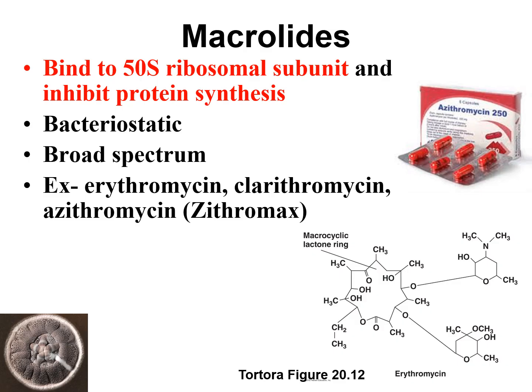One of the macrolide antibiotics that you might have heard of or be familiar with is Zithromax. That's the brand name. It's also called a Z-Pak, and the generic name is azithromycin, so you might have heard of that one. And there's a couple of others like erythromycin. That's the first macrolide that was discovered, so that's kind of an older one.